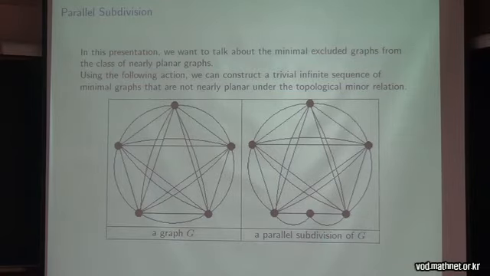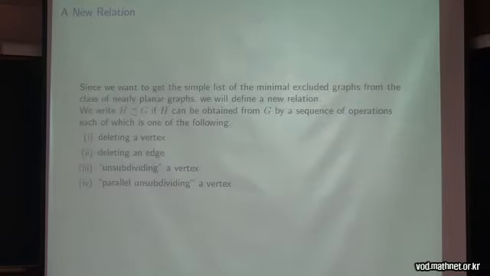So I want to define a new relation. The first three are actually related to topological minor. The new thing is just parallel unsubdividing. That means I do not allow the parallel subdivision. So H is a subgraph under the new relation of G that is made by these four.